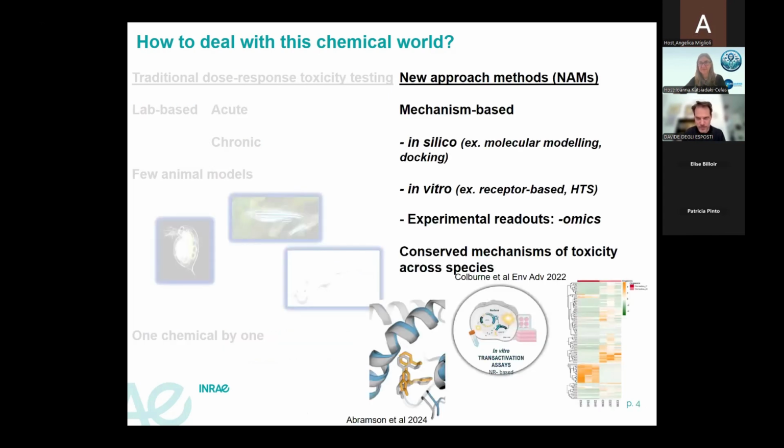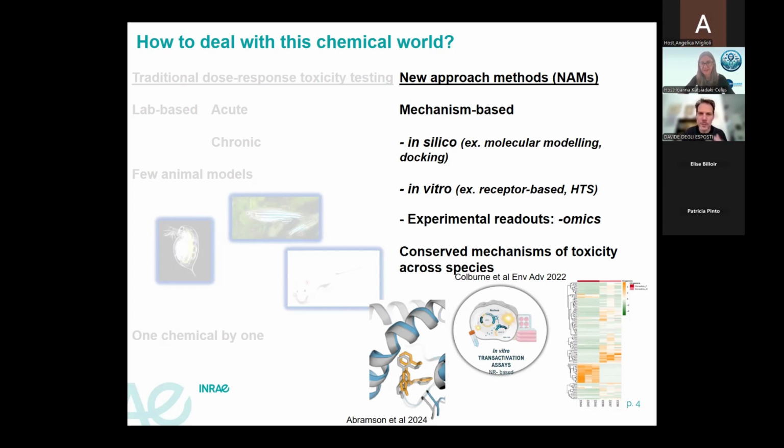And as my previous colleagues also pointed out, in the last 2 decades, thanks to the advances in genome sequencing and nucleic acid sequencing, and also mass spectrometry and computational approaches, we have seen the development of new approach methodologies, especially in invertebrates and in model species, based on the mechanisms of action and on physiological and biophysical knowledge.